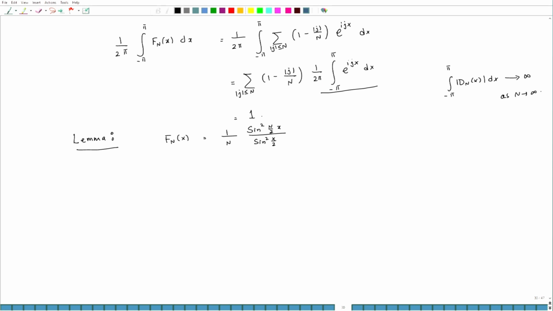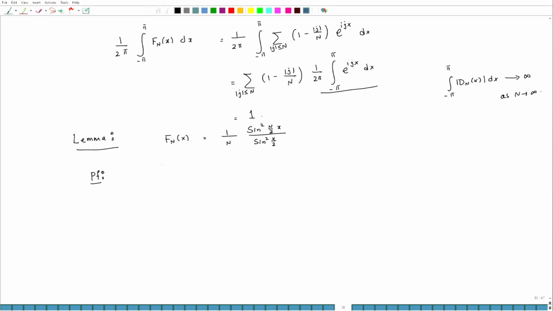That means, if x is not equal to 0, f n is a non-negative quantity. Therefore, assuming this lemma, modulus of f n is equal to f n. f n is a non-negative quantity. Therefore, we are going to have the bound of modulus of f n as independent of n. What is the proof of this equality?